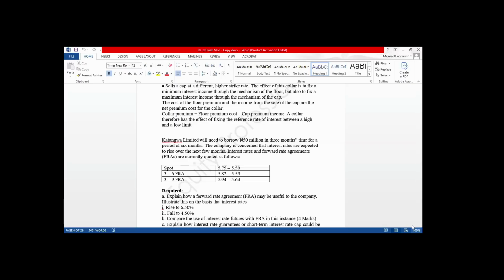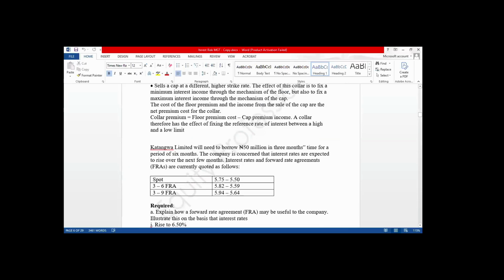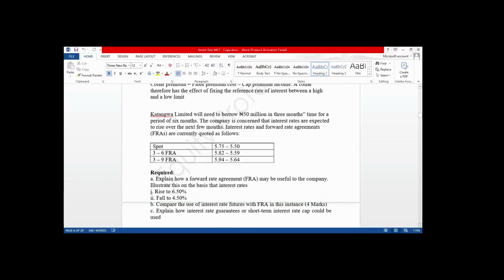Let me expand this. All right. Katanga Limited, we need to borrow 50 million naira in 3 months' time for a period of 6 months.